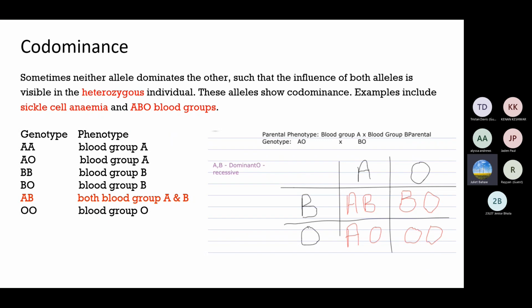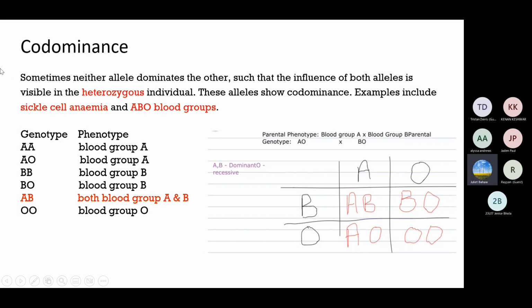That is incomplete dominance. Then you had complete dominance, which was the questions we did with tongue rolling, hair color, eye color, where if you have a dominant allele, it can overshadow or express itself if it's in the heterozygous form and the recessive one is silent.